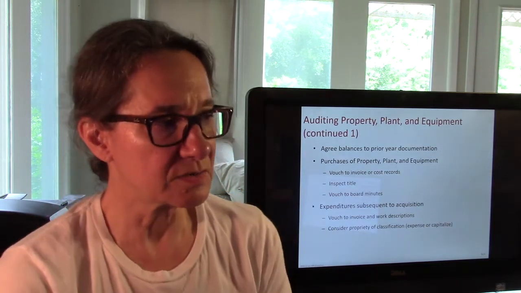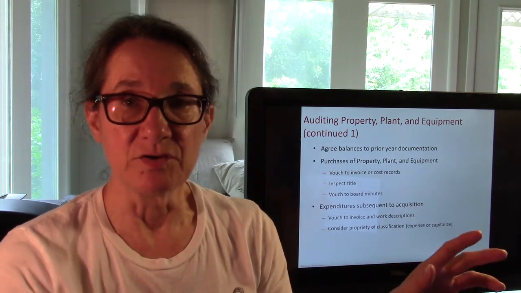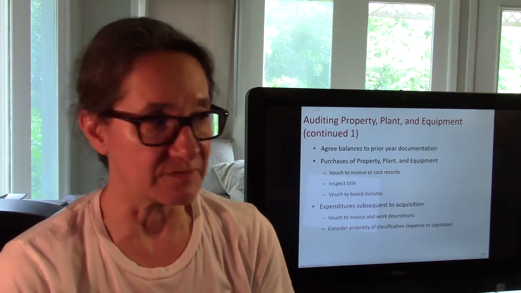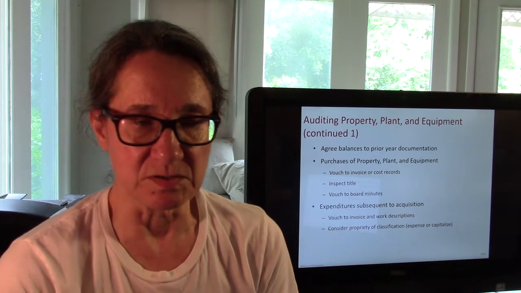So typically, you're going to have a listing of PP&E, and you can compare their purchases and disposals, and then see if the stuff is there or not, right? So you can vouch to make sure that it exists, right? So you make sure you vouch for overstatements. You just go and you see if it's there.